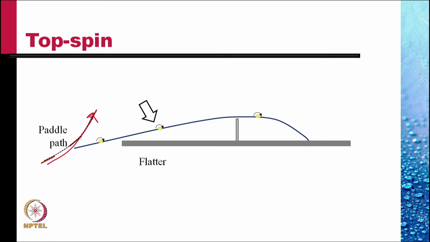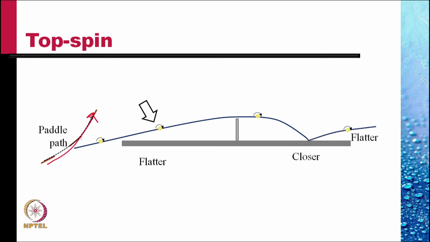So you have to be careful so that it clears the net at the center, and then the force continues to be downwards, and therefore the ball lands on the table closer to the net than it would if there was no topspin.